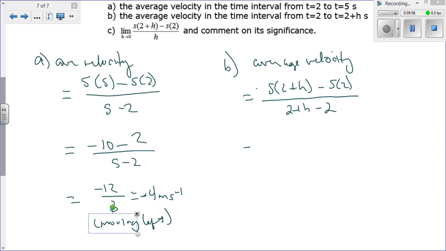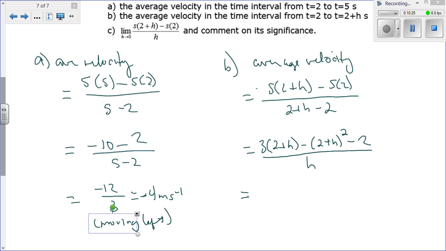So if I put in 2 plus h everywhere there's an x, I will have 3 times 2 plus h minus 2 plus h, the quantity squared, minus s of 2, which we found in part A to be 2, and 2 plus h minus 2 is just h.